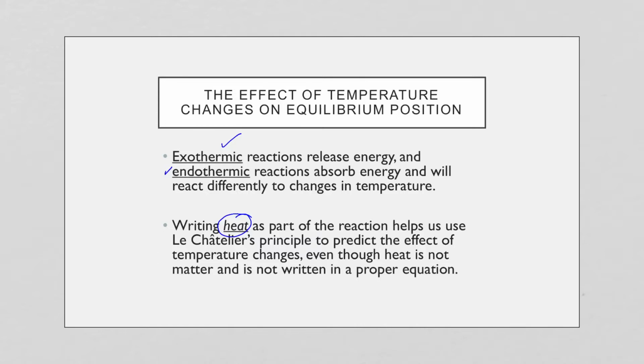By doing that, we can go back to what we talked about with concentration and look at, is heat going up or is heat going down as we change the temperature? Even though heat is not typically written as a reactant or product, and nor should it be, doing so can help us understand this particular concept.